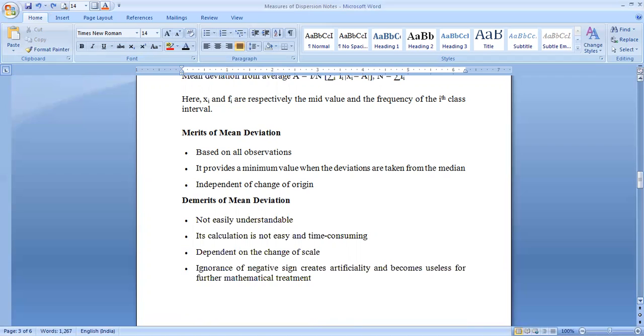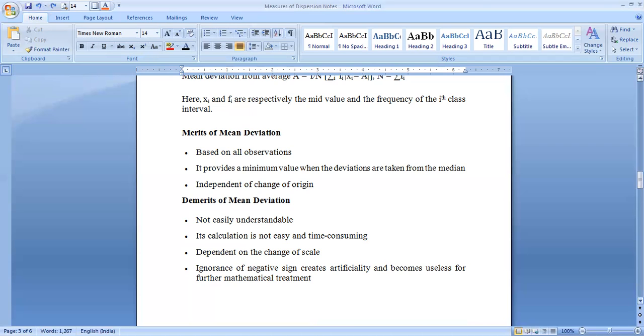So again, this is a drawback of the mean deviation, because when we change our scale, then mean deviation will be affected by this. And ignorance of negative signs creates artificiality and becomes useless for further mathematical treatment.